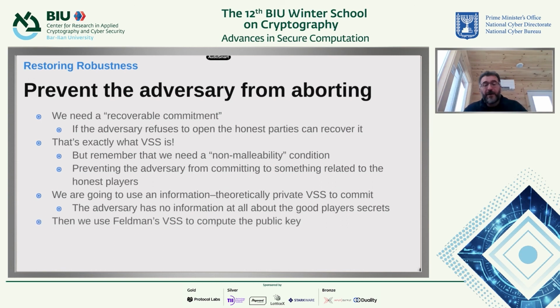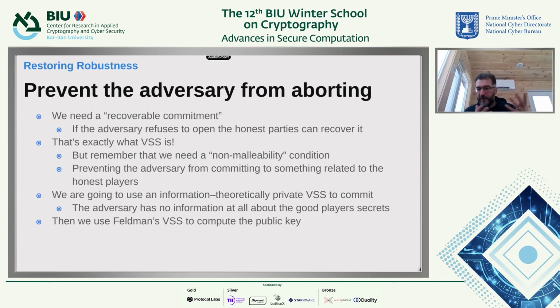So you run another piece of protocol that will get G to the X out from that information theoretic VSS, and we chose to use Feldman. Now, there are two possible ways of dealing with this. One is to have a non-malleable VSS, which gives you the G to the X in a better, simpler way than running a Feldman VSS on top.